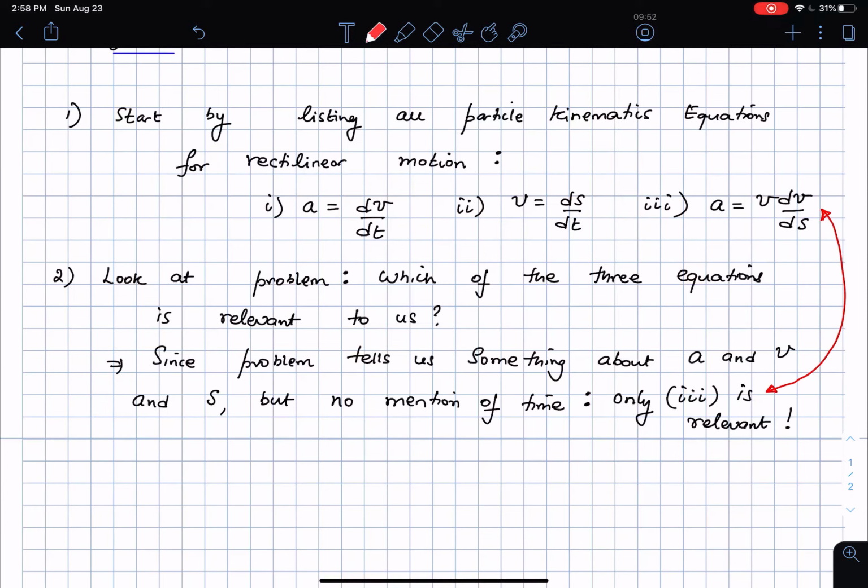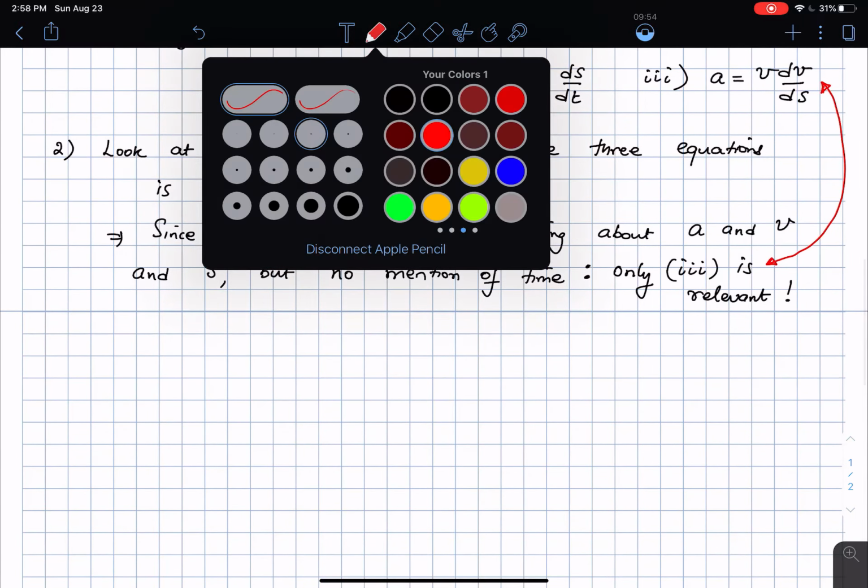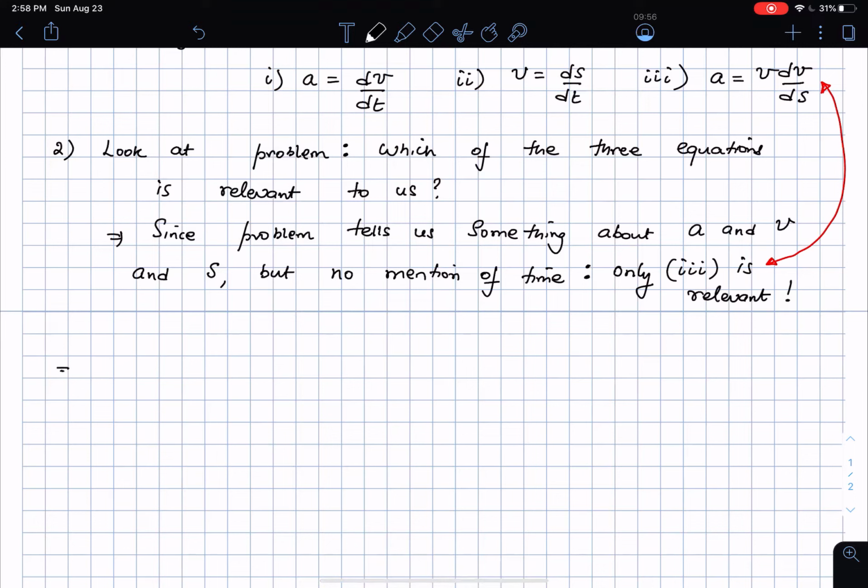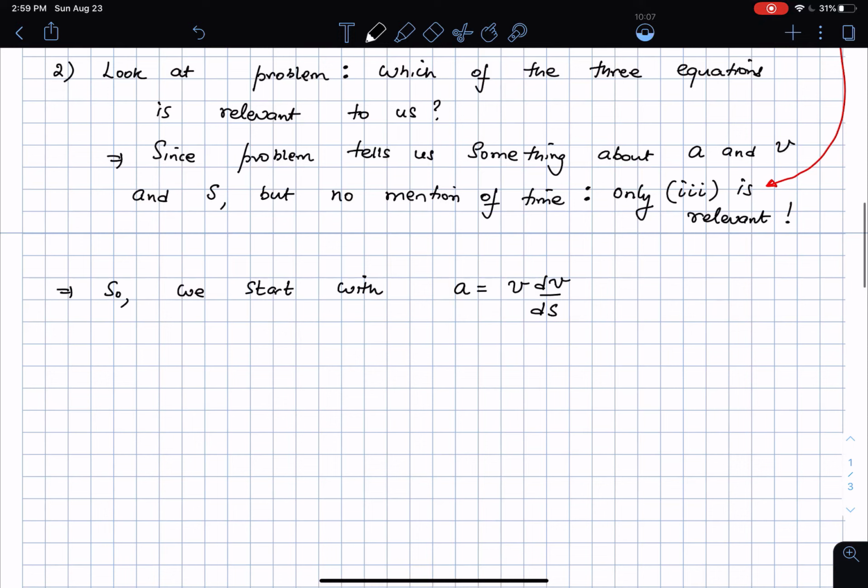Then I pull out that equation and ask what I am going to do with it. We start with a is v dv by ds. In our problem, acceleration is known as a function of position, so we know that a is given as g minus c times s.